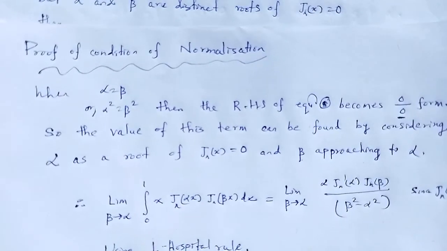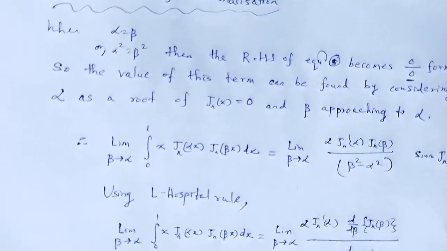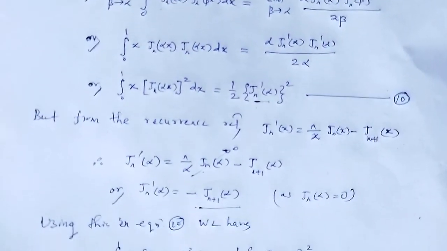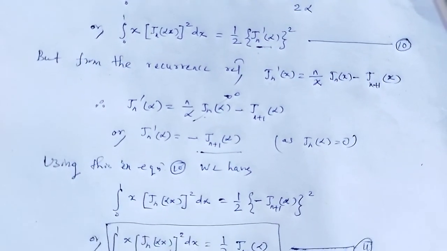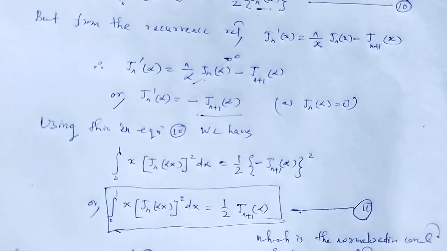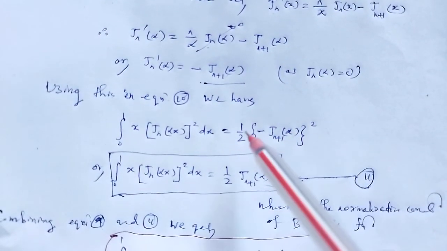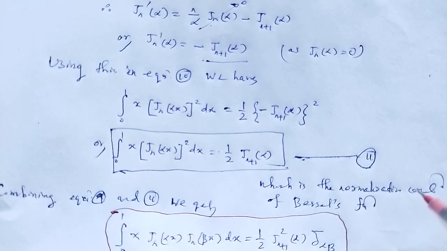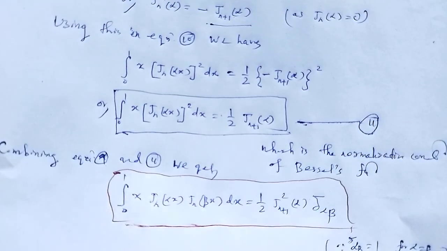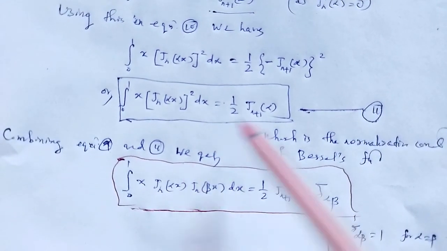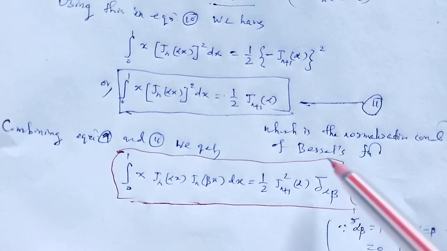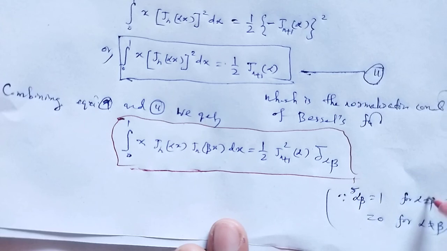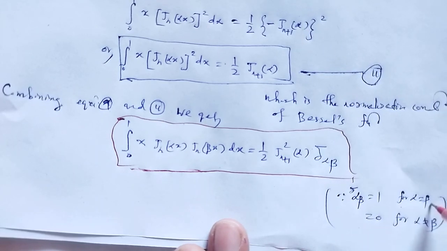Again we prove the condition for normalization, that means when alpha is equal to beta, we use the limiting concept as it will be in the form of 0 by 0. The second condition, alpha is equal to beta, is known as the normalization condition of Bessel's function, and combining these two we write it in a single equation by using the Kronecker delta function, which will be 1 for alpha equal to beta and 0 for alpha not equal to beta.